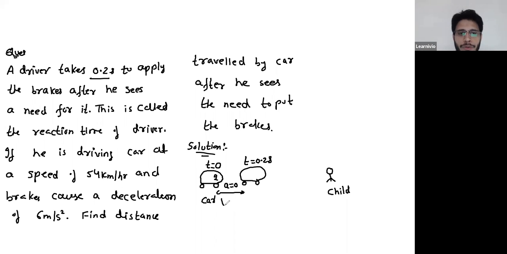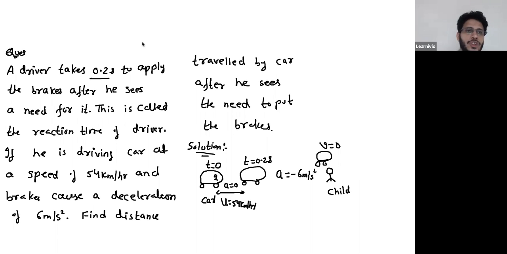Here, the car is moving with a velocity of 54 km per hour. After 0.2 seconds, the driver applies the brakes and the acceleration of the car is now minus 6 meter per second square. And finally, the car stops and the final velocity of the car comes out to be 0. The car just stopped just before the child.